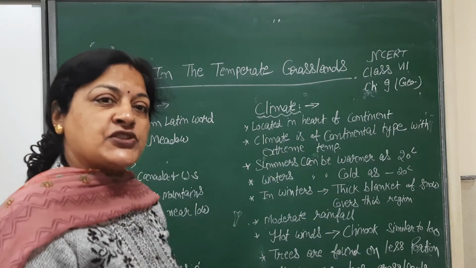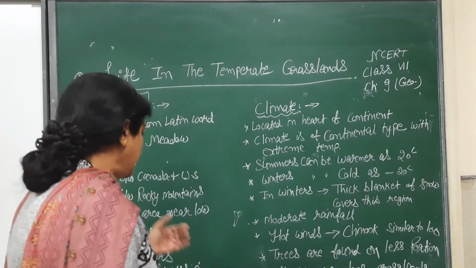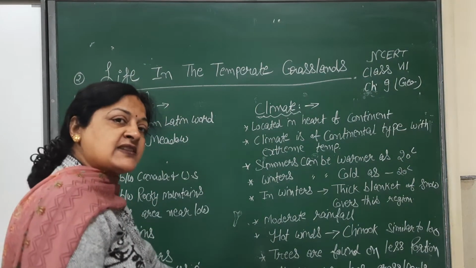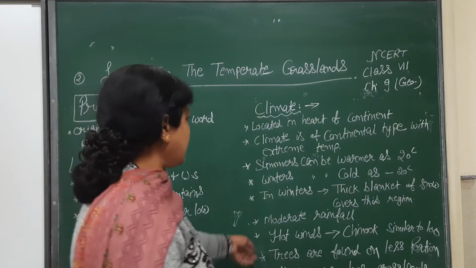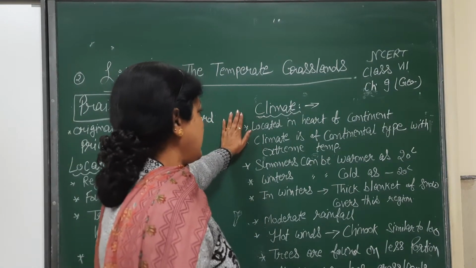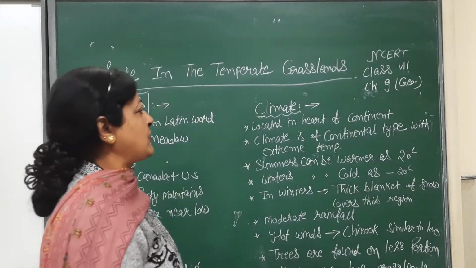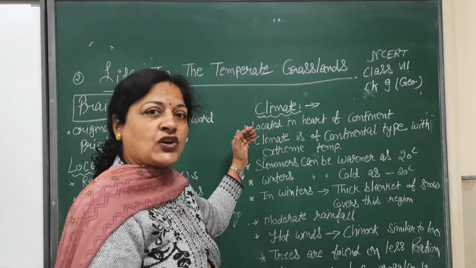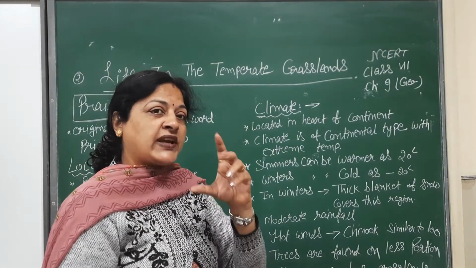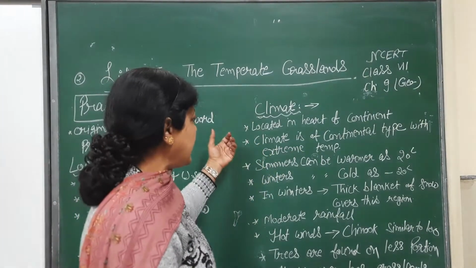The major rivers which flow in this area are the Mississippi in the US and the Saskatchewan River in Canada. Now we will talk about the climate of the prairies. It is located in the heart of the continent, in the center of the continent.